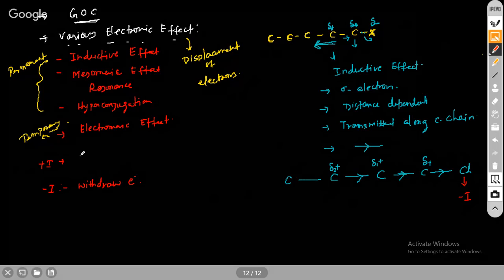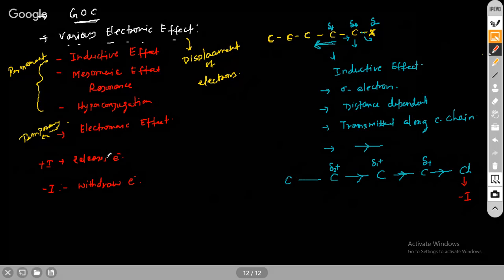Plus I are those groups which release electrons. First of all, you have to keep in mind which atoms show plus I nature and which show minus I nature.